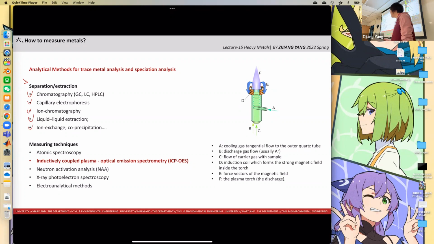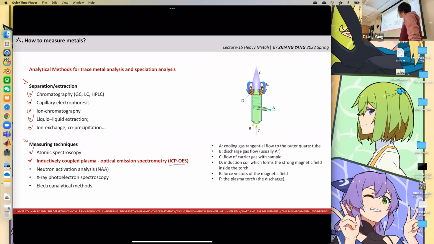Actually, I haven't used these techniques in my experiments. We also have measuring techniques, like atomic spectroscopy, and inductively coupled plasma optical emission spectrometry, ICP-OES.